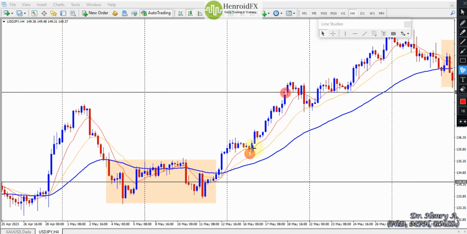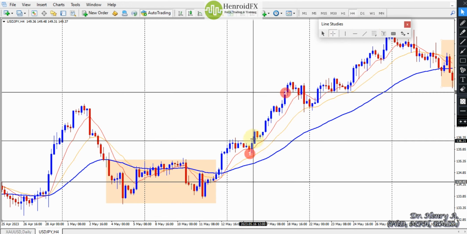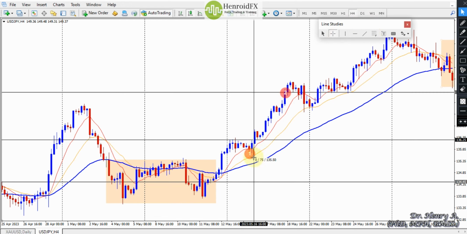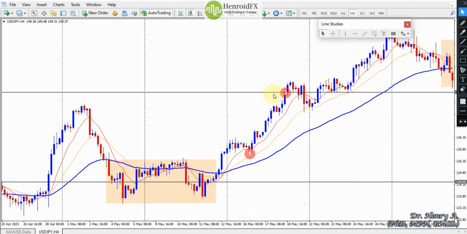Maybe you entered around here, then stop loss at the bottom is 72, so your take profit one will be 72 around here, then take profit two will be 140 around here, and then the third one will be around here. So that's all you need to do when you are trading.